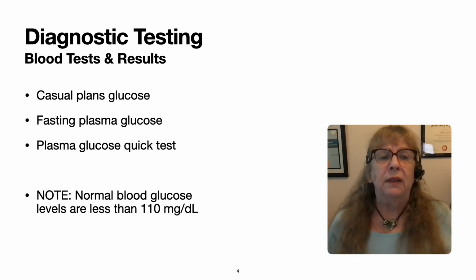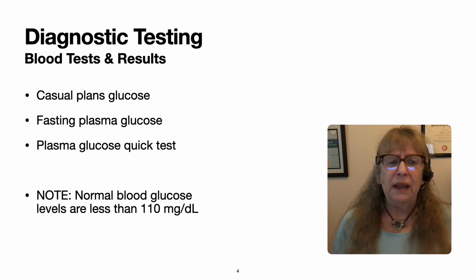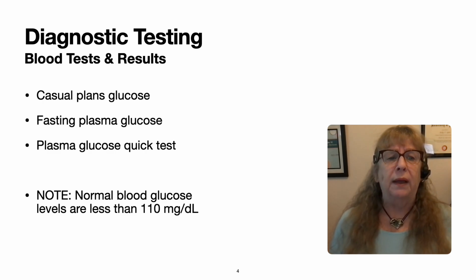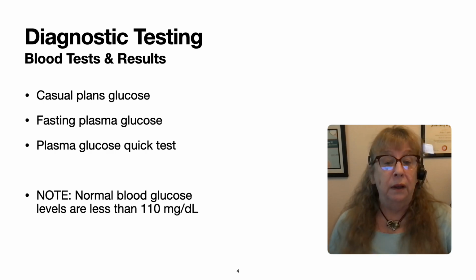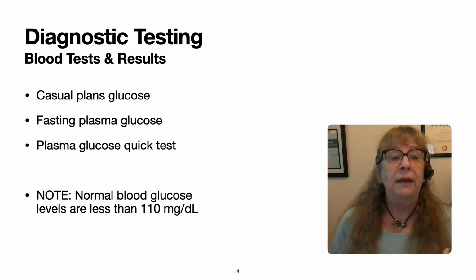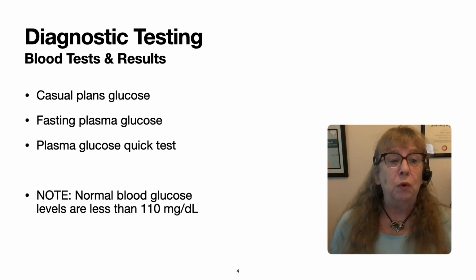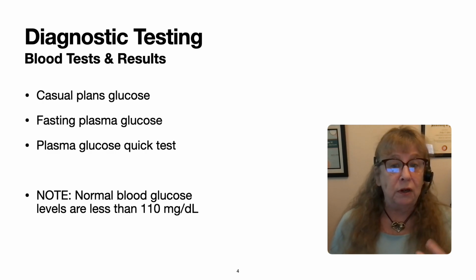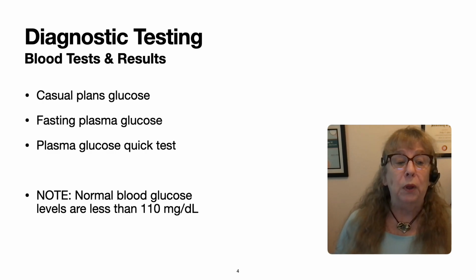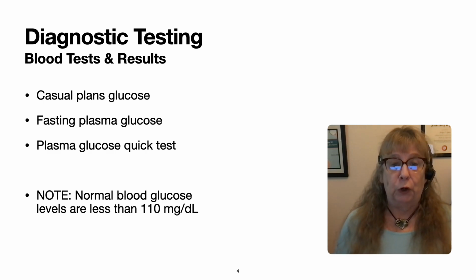Now let's talk about the tests required to diagnose diabetes mellitus, and those would be blood tests to test the glucose levels within the patient's blood system. There can be a casual plasma glucose, a fasting plasma glucose, and a plasma glucose quick test, which is in 2 hours. Normal blood glucose levels are less than 110 milligrams per deciliter.